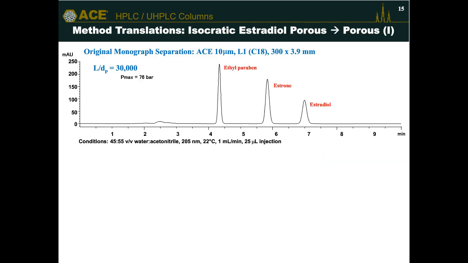So here's an example of quite an old monograph, which states C18 column, 300 by 3.9, 10 micron particle size. And you can see the method takes 8-9 minutes, and it's an isocratic run.